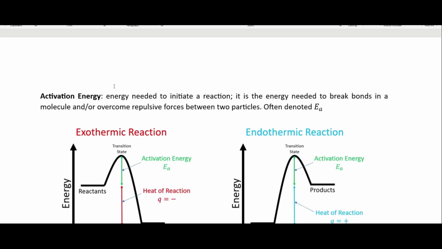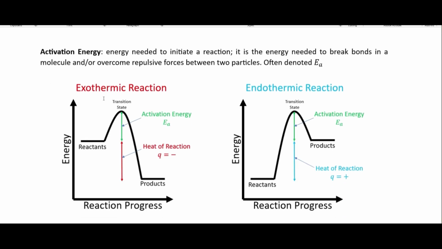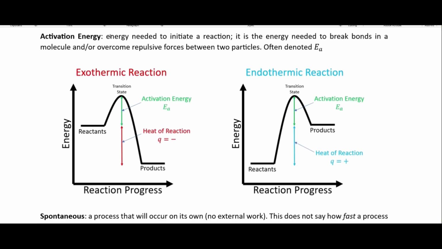The next item on the list here is what's called the activation energy. So the activation energy is just the energy needed to initiate a reaction. It is the energy needed to either break bonds in a molecule and or overcome the repulsive forces between two particles.